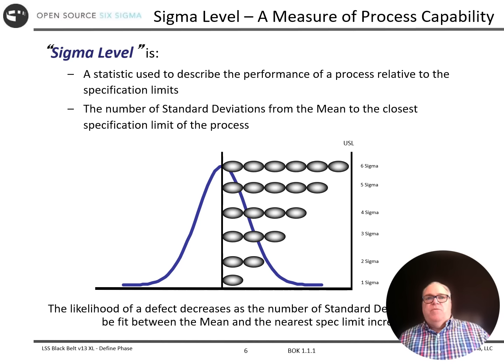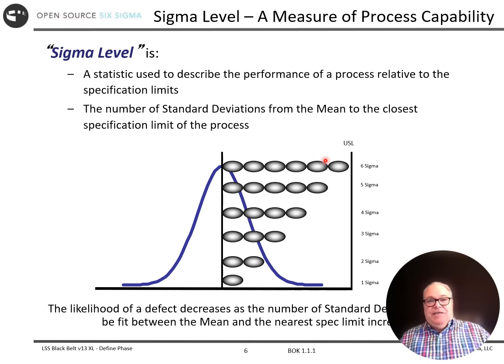So another view of what we talked about, the area under the curve. Now we use the sigma level as our measuring stick to talk about how many standard deviations fit between the mean and our nearest specification level. So in a true Six Sigma process, we have 6 standard deviations all the way back between the specification limit, right, what our customer will accept, in this case on the upper end.